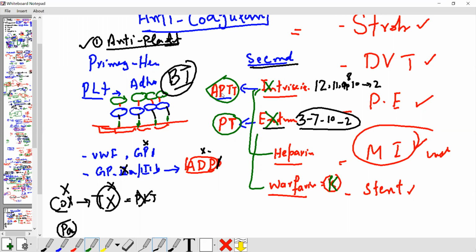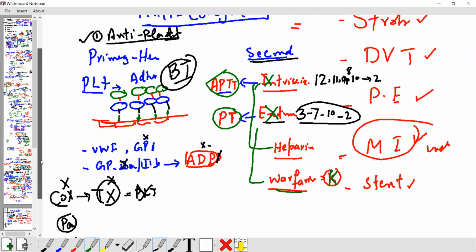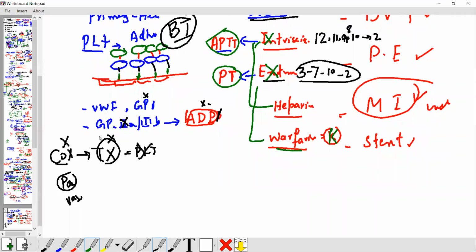It may lead to bleeding because you're using an anticoagulant. Okay, heparin especially works on the intrinsic pathway, and warfarin works against the extrinsic pathway. Understand? Warfarin works against the extrinsic pathway.